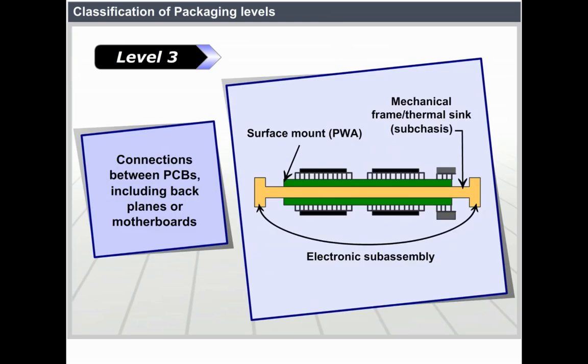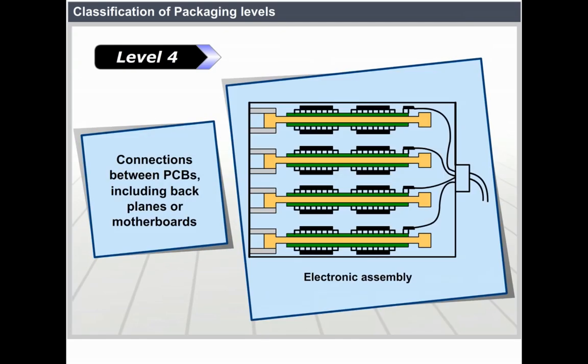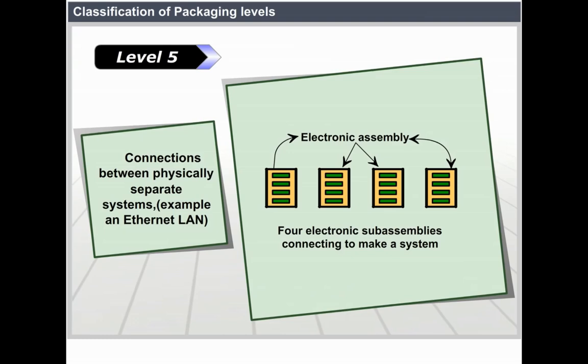Level 3, connections between PCBs including backplanes and motherboards. Level 4, connections between sub-assemblies, for example a rack. Level 5, connection between physically separate systems, for example an Ethernet LAN.